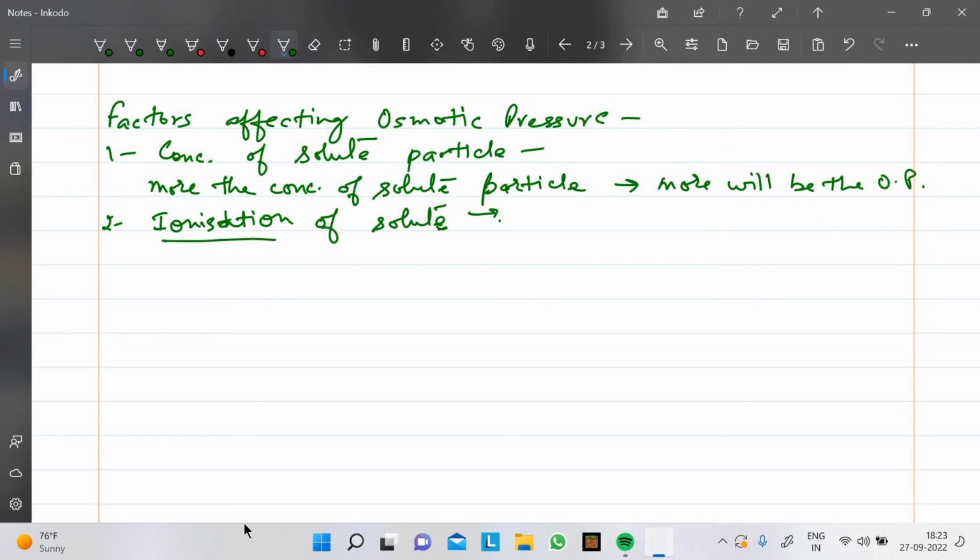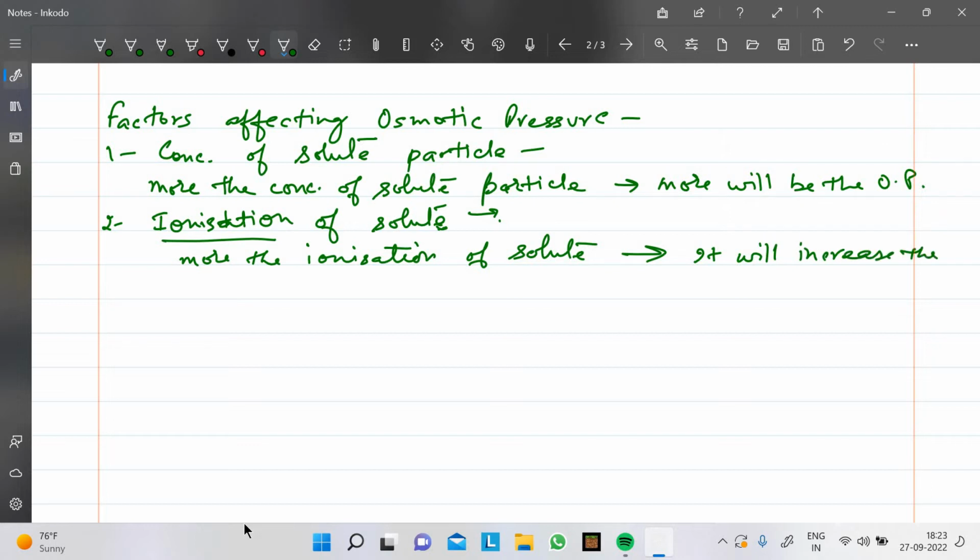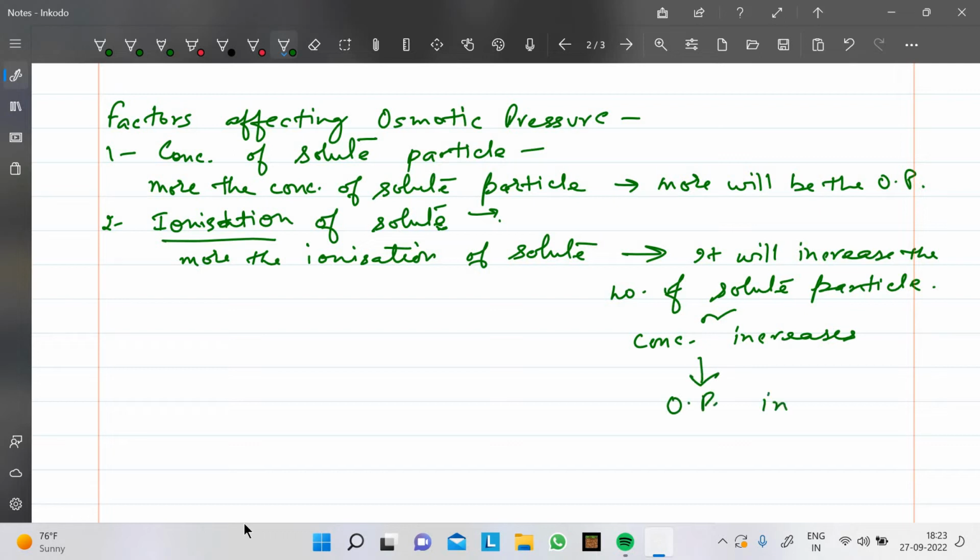So again the same case as I told you earlier: the more the ionization of solute, it will increase the number of solute particles or concentration. What will happen? Osmotic pressure increases.